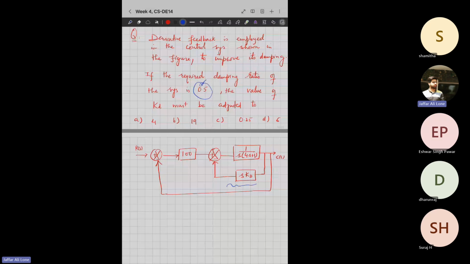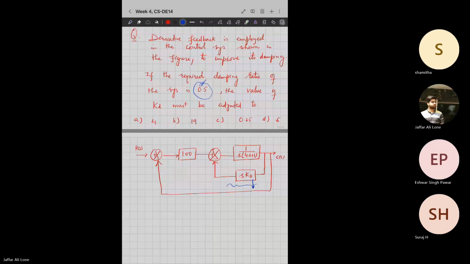So if we want this zeta to be 0.5, it means we have to play with the value of KD. So we have to adjust this KD in such a way so that my zeta becomes 0.5. This is the question. So what should be the value of KD so that the value of zeta is 0.5?